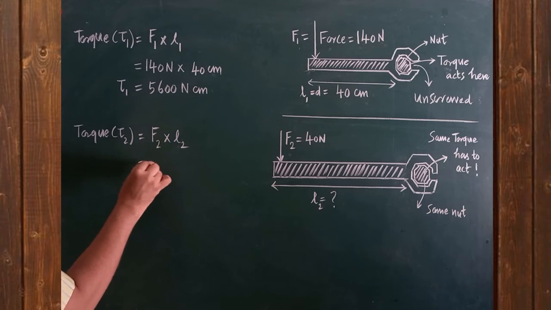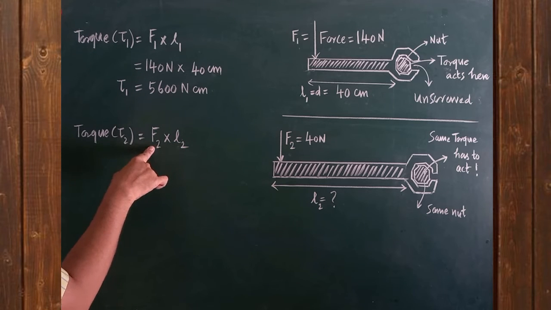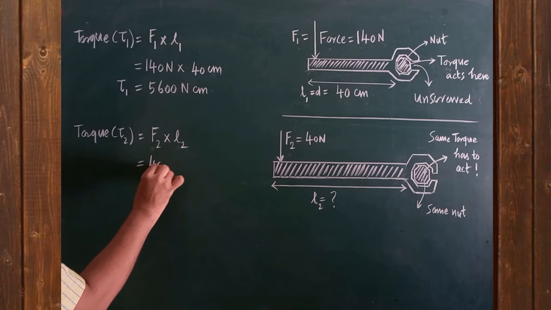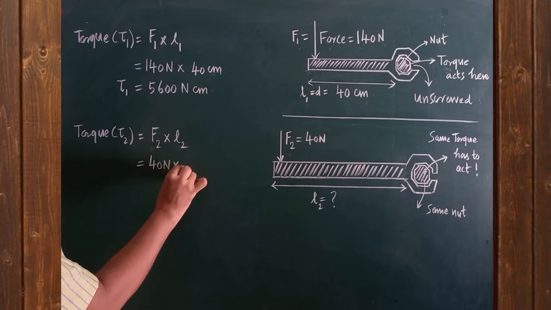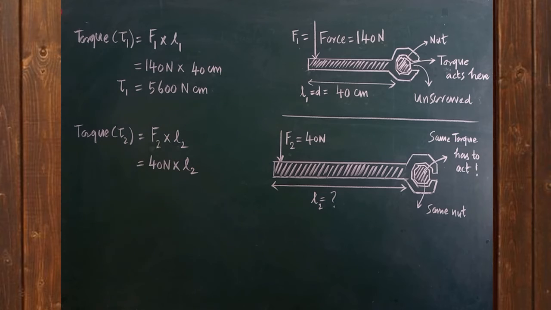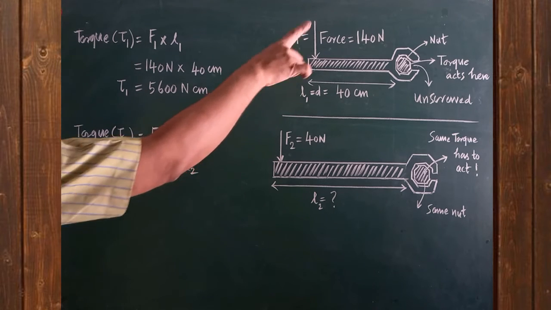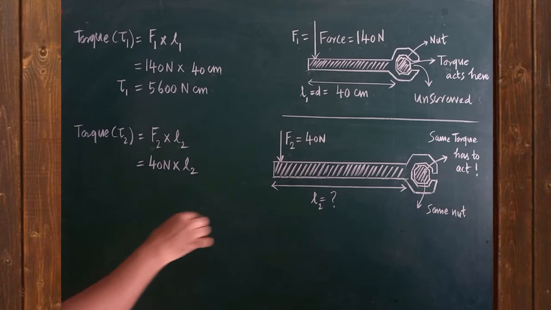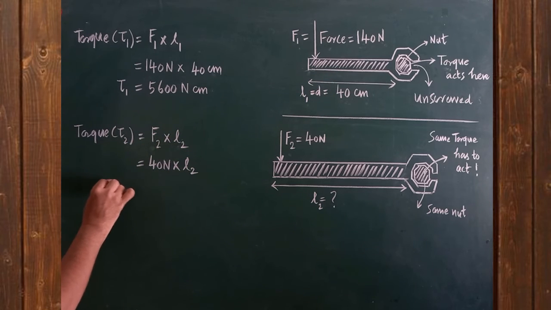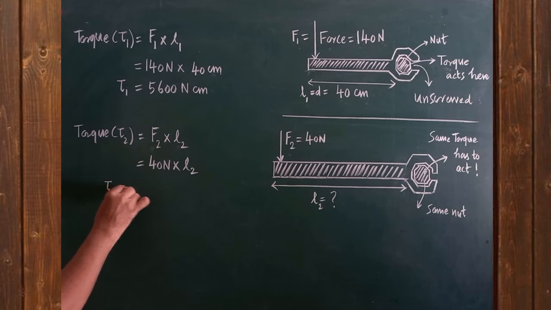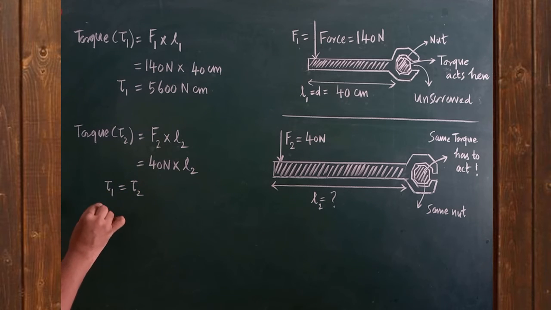Substitute F2: we know the value of F2, it is 40 Newton. But L2 is unknown. As I told earlier, the torque in the first case and the torque in the second case are both the same. Therefore, τ1 is equal to τ2. We can write it like this.